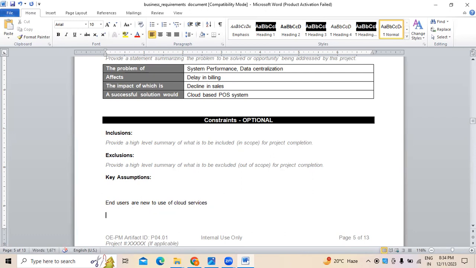Okay, first point. Second, the application must be scalable as this can be used in multiple stores.